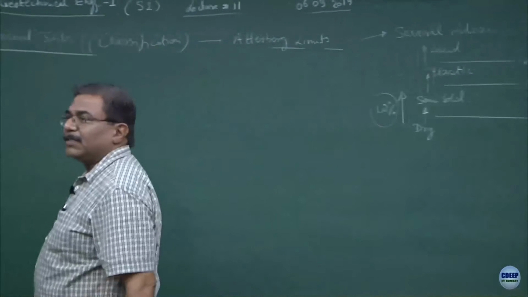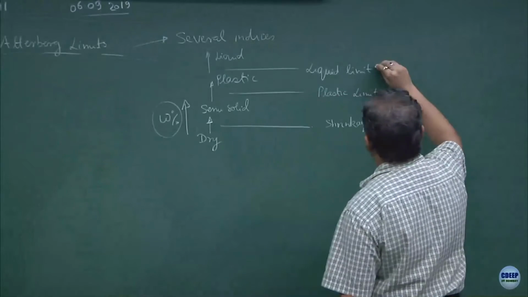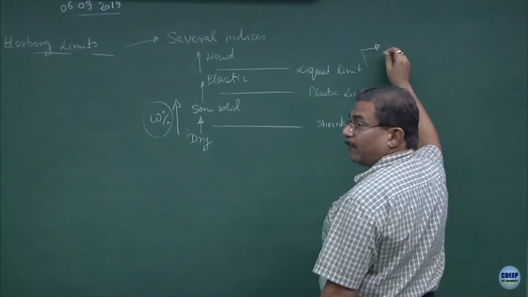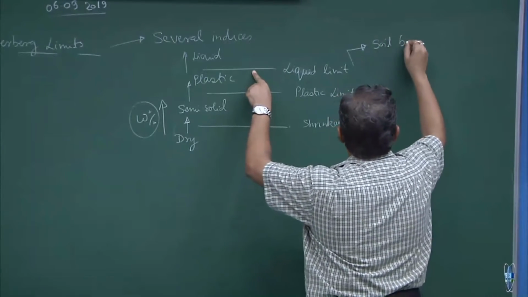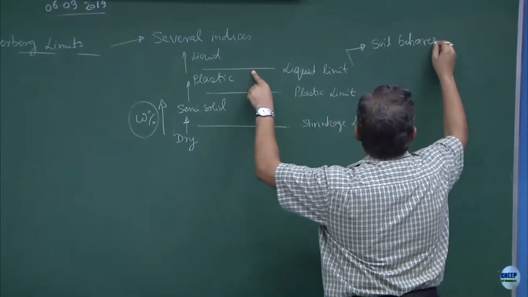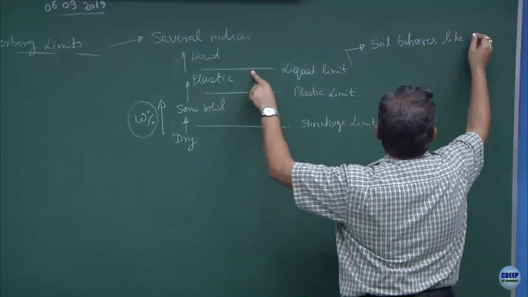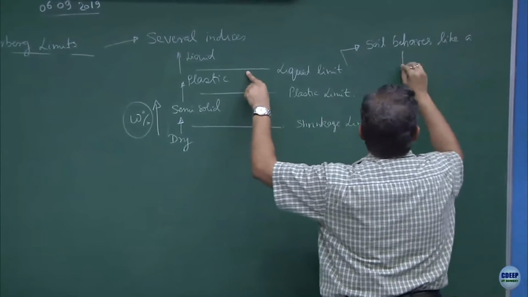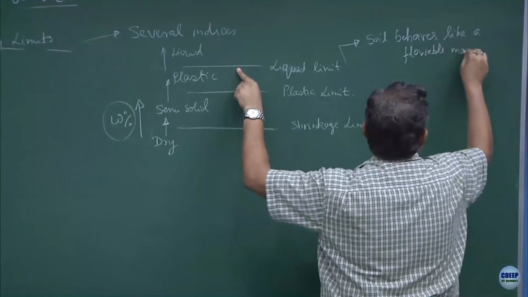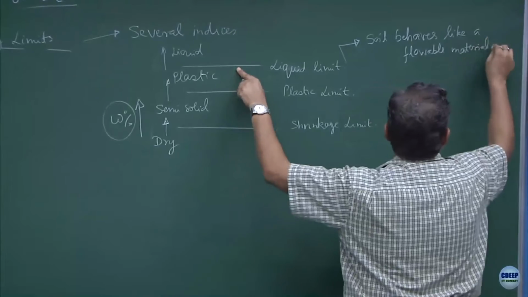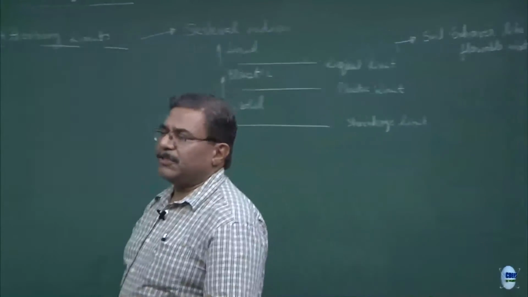It has no shear strength of its own. Beyond it the soil behaves like a flowable material. That means the minimum possible shear strength.